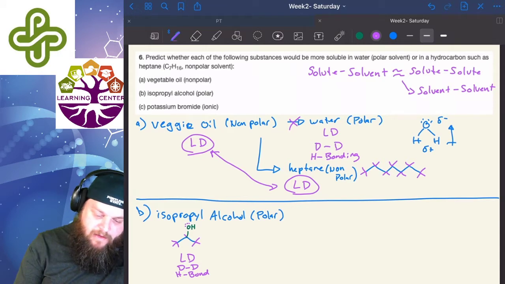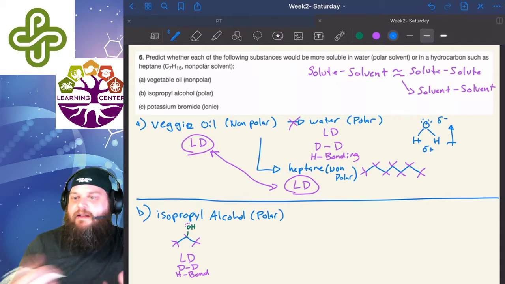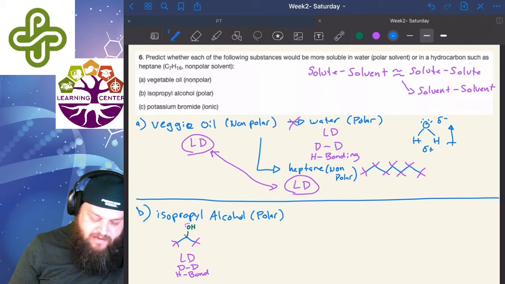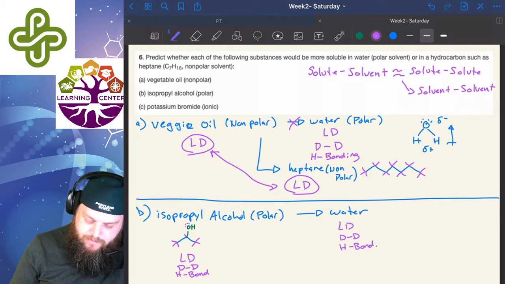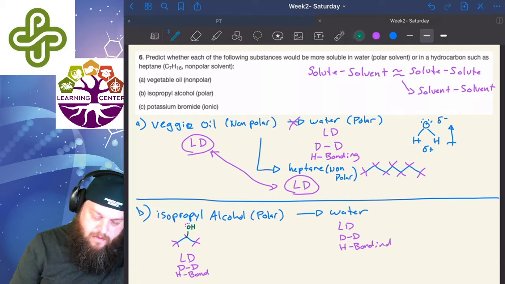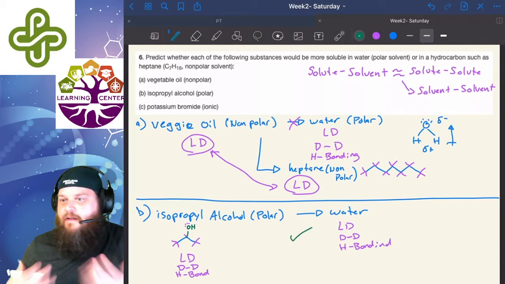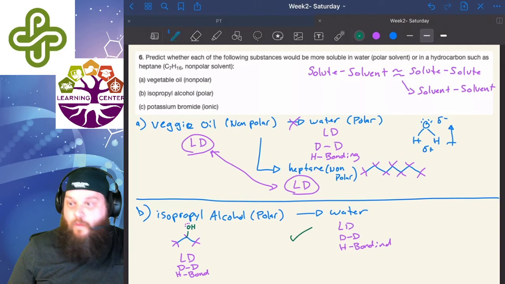So it can provide that hydrogen, and it can accept hydrogen, H bonding both ways. And that's going to be the same as water, because water has all of those things: London dispersion, dipole-dipole, and H bonding. So like bonds with like, solutes with like. And that's going to work well.